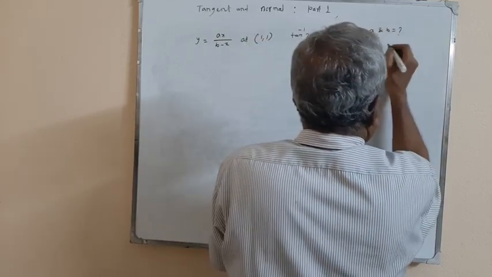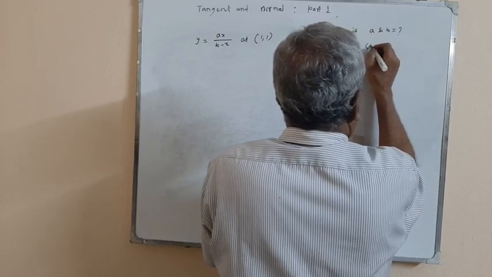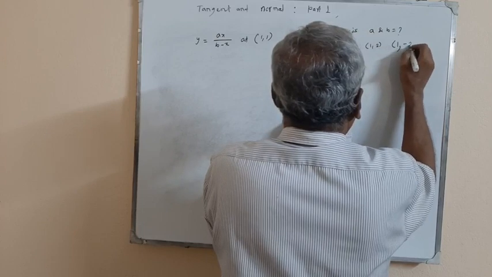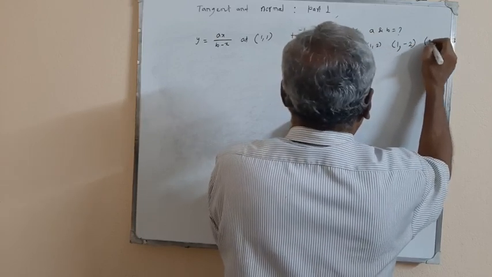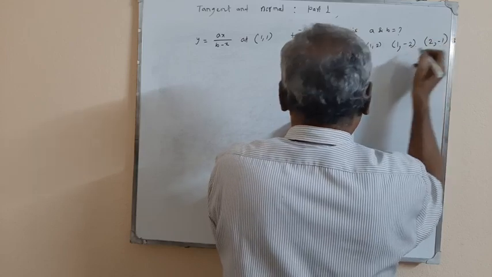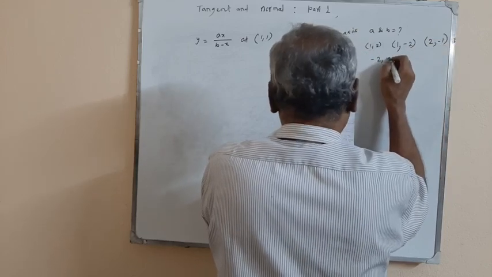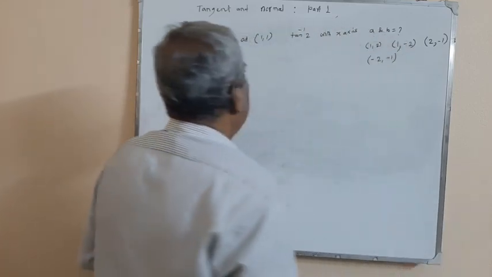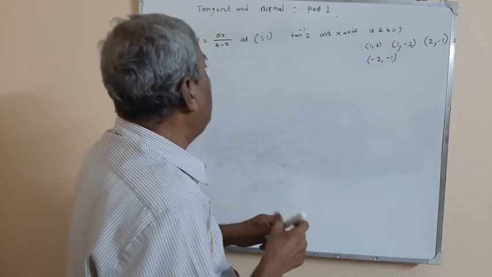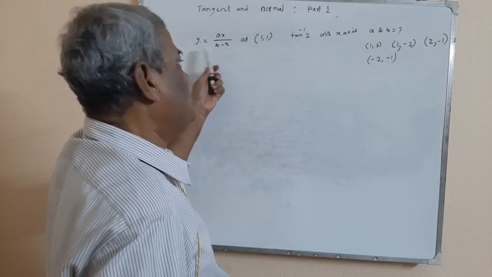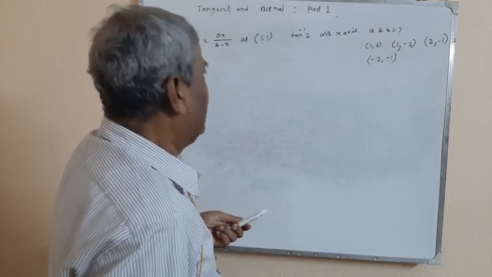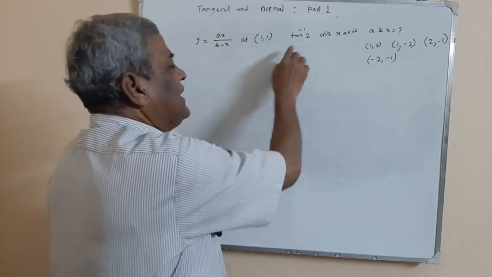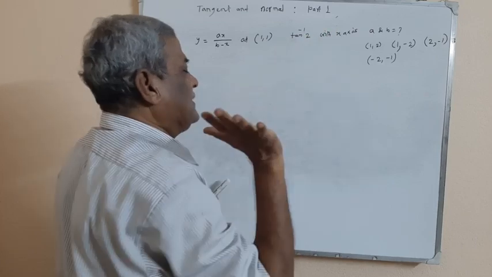Options: first option is 1, 2; 1, -2; 2, -1; and -2, -1. So actually the problem is that the curve is this, given that at (1, 1) the tangent makes an angle tan⁻¹ 2 with the x-axis.